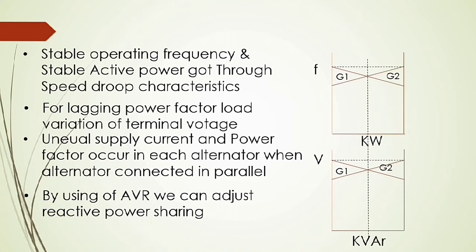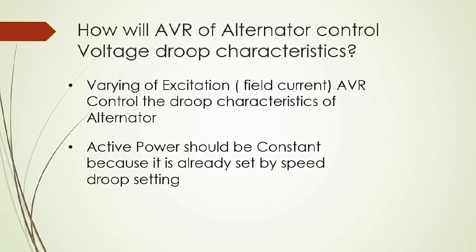That's why here we want to change the voltage droop characteristics, but we will have to keep the active power constant.